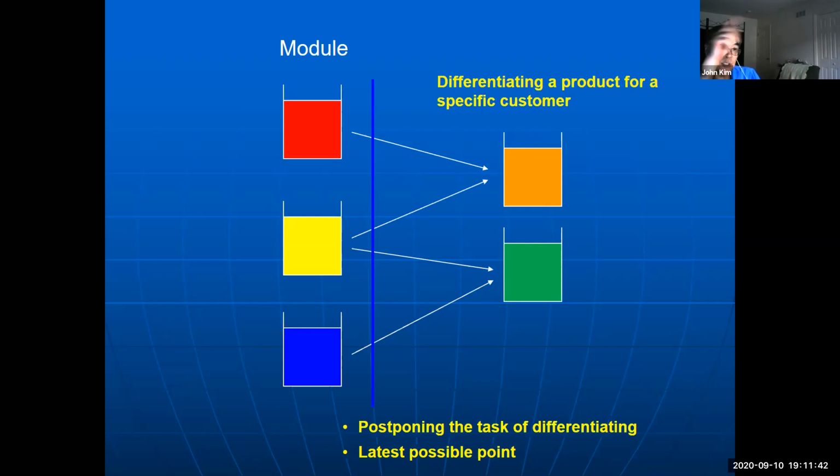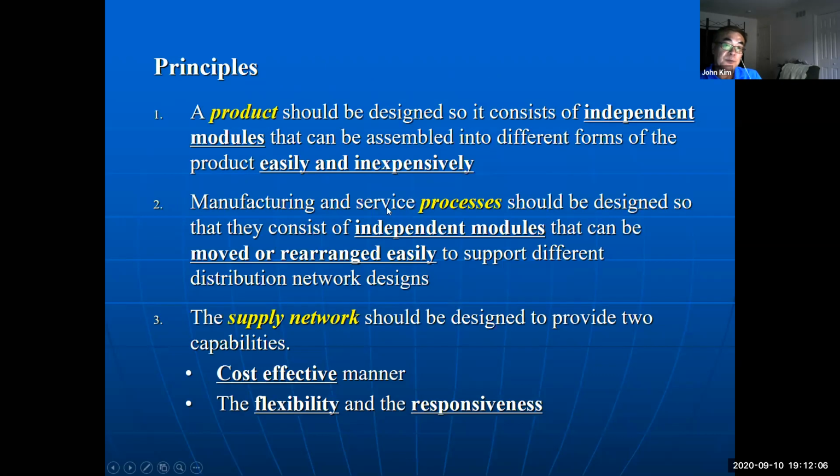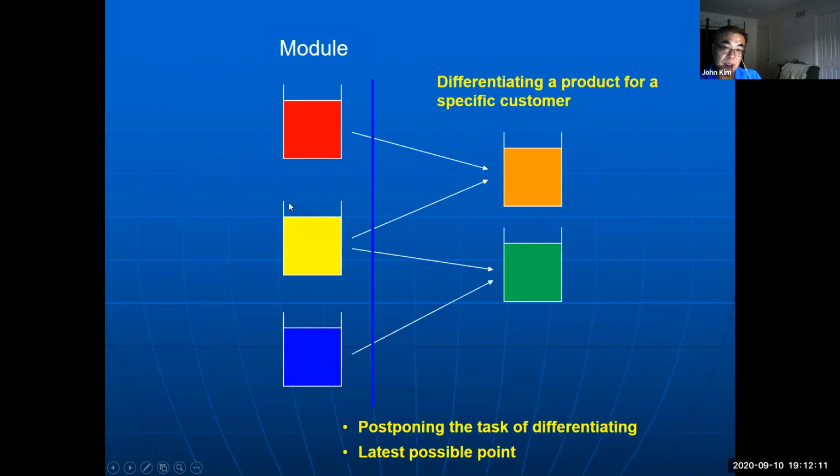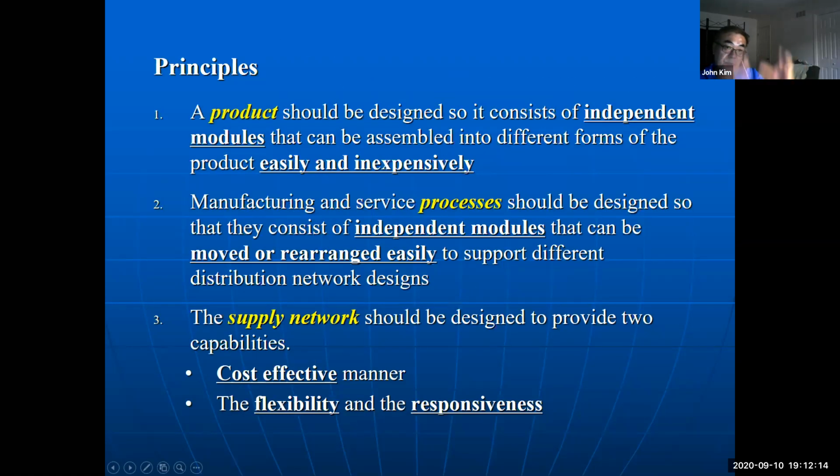And then the customer asks such, then component by component, assemble, and then give it to you like that. So this is using modules, and then stop here, postponing to make a final product. If it is a product, then use modules like this, or component by component, and then later make the final product.